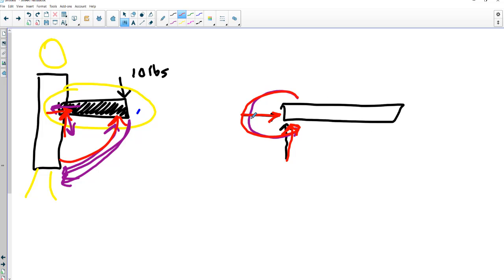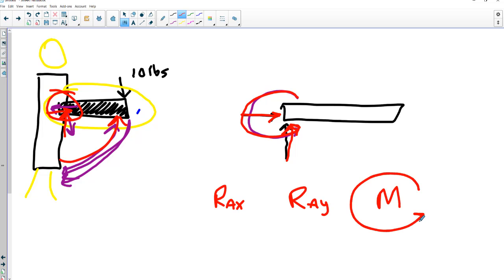So all of these things are happening right here so that this thing just stays sticking out. And that is a cantilevered support. It always will have a reaction force in the X, a reaction force in the Y, and a moment force. In this case, that's symbolized by a counterclockwise moment.